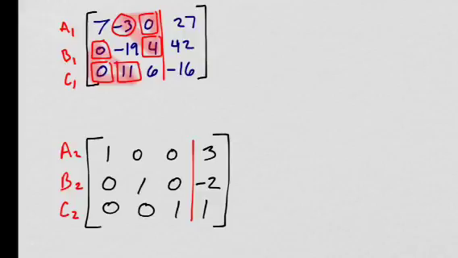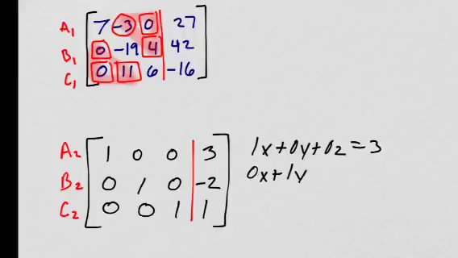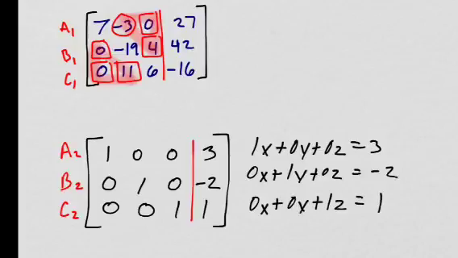So we could say this is 1x plus 0y plus 0z equals 3, 0x plus 1y plus 0z equals negative 2, 0x plus 0y plus 1z equals 1.